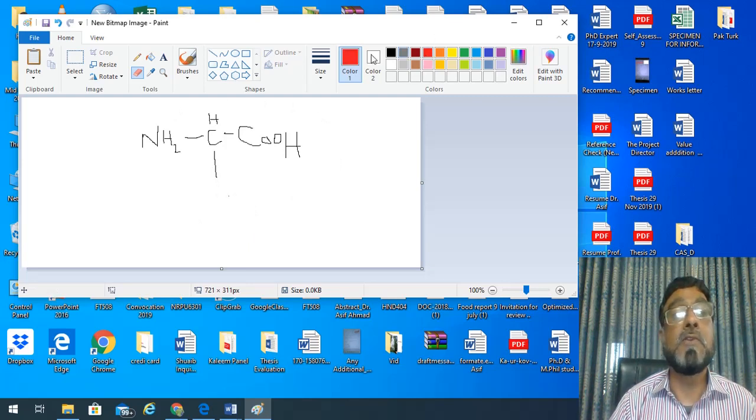For glycine, this is the structure: COOH, CH2, NH2.